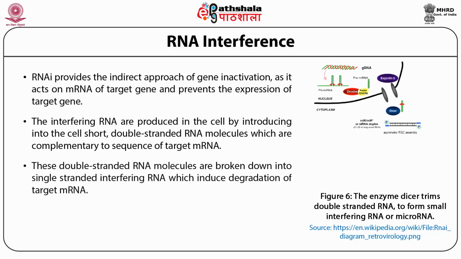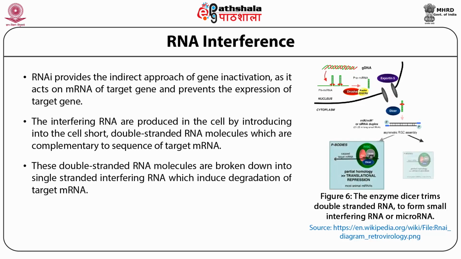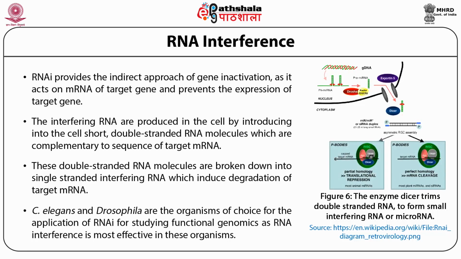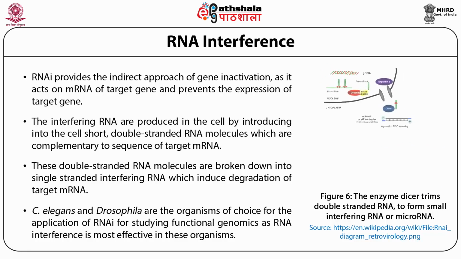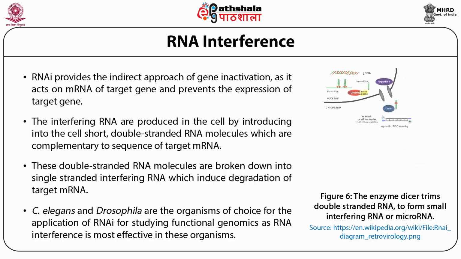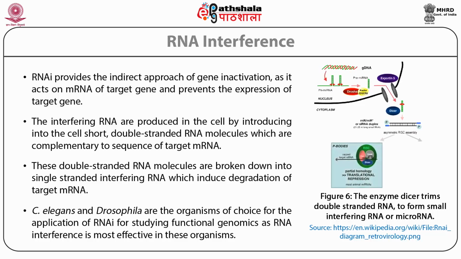These double-stranded RNA molecules are broken down into single-stranded interfering RNA which induces degradation of the target mRNA. C. elegans and Drosophila are the organisms of choice for the application of RNA interference for studying functional genomics, as RNA interference is most effective in these organisms.